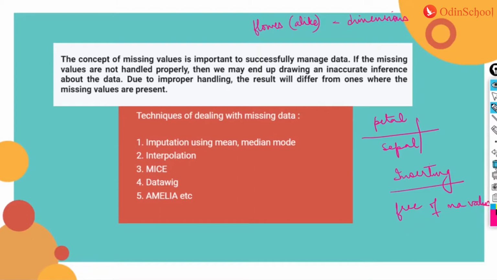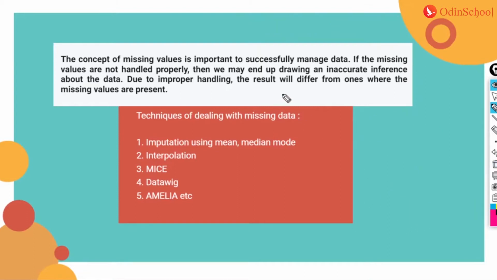The procedure to insert NA values is a very small function, and that is prodNA, with a capital N and a capital A. Let me just write it down properly: prodNA, capital N, capital A. Now this is to produce NA values. Let us say you want to do this for the iris data set, or for whatever data set it is.